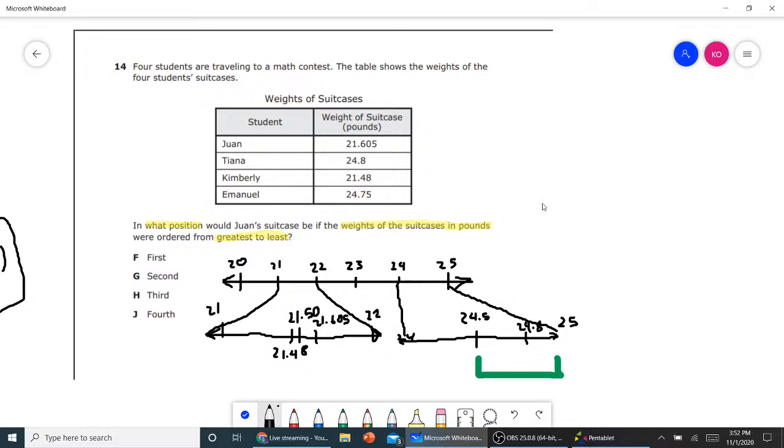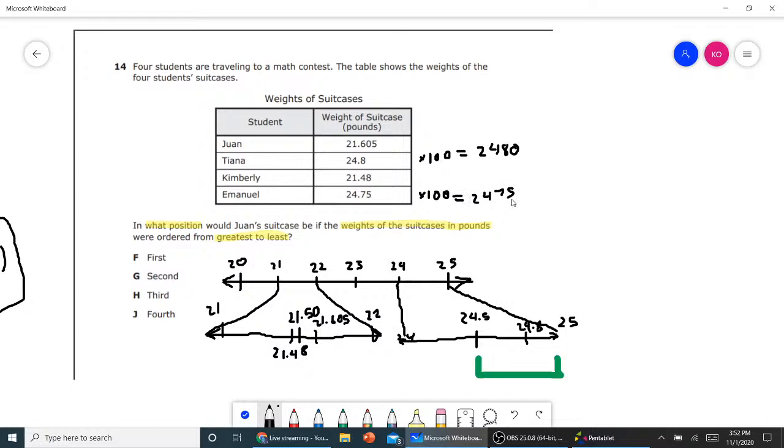There are many ways to find this out, but what I usually like to do is multiply these two numbers by 100. Then you get 2,480 for this and 2,475 for this.